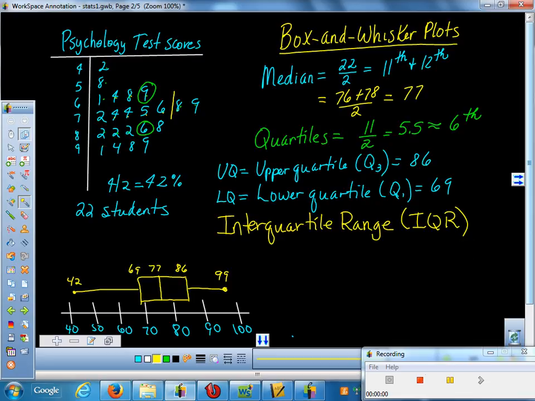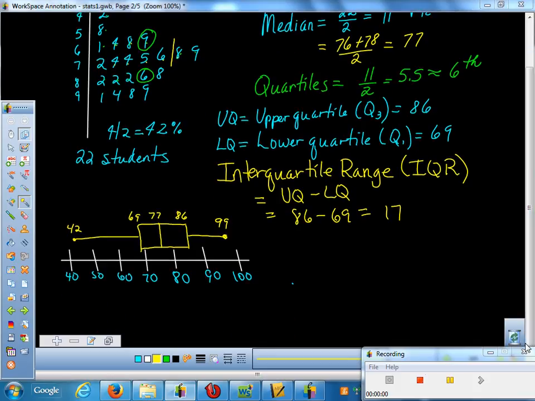So in our case, to find an interquartile range, it's simply the upper quartile minus the lower quartile. In our case, that means it's 86 minus 69, or 17. That means the box is 17 units wide. To be an outlier, we must have something that's more than 1.5 boxes away.